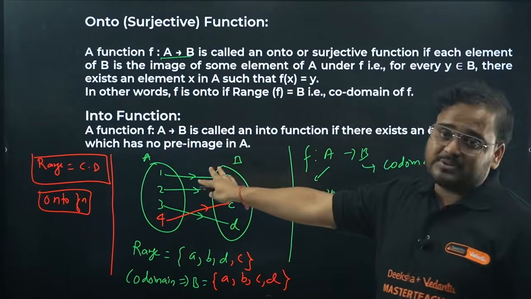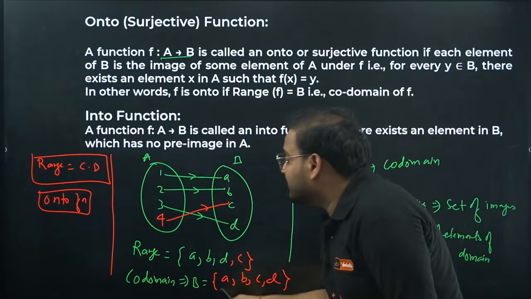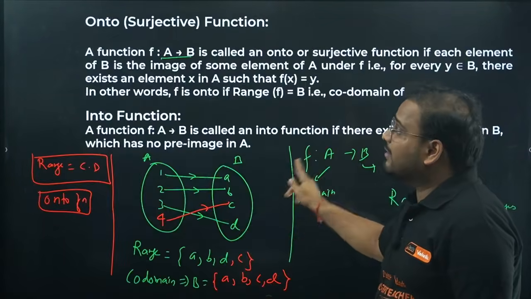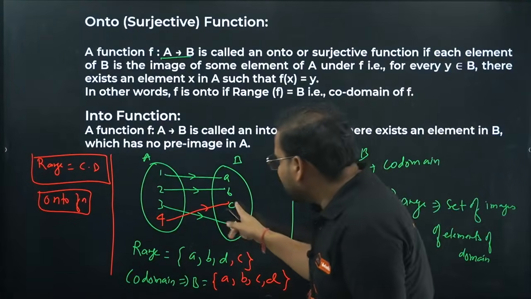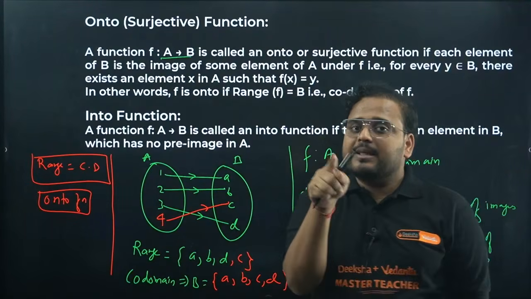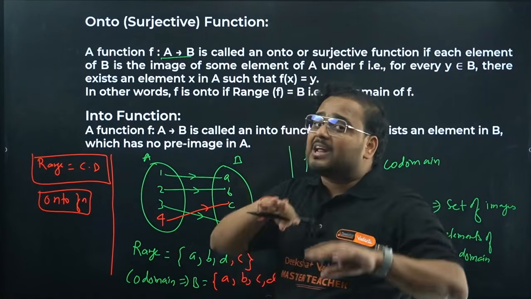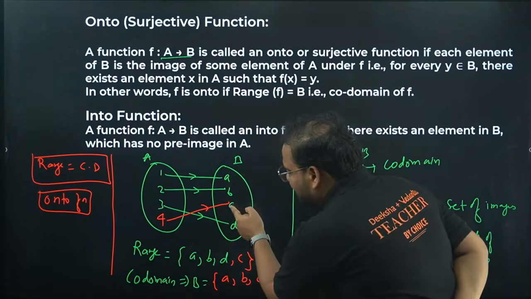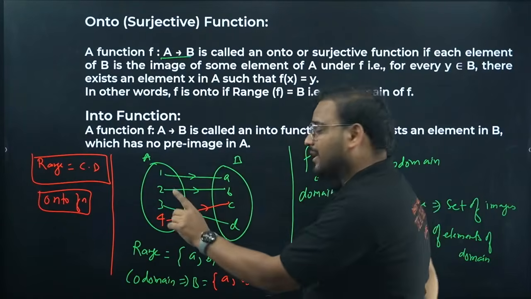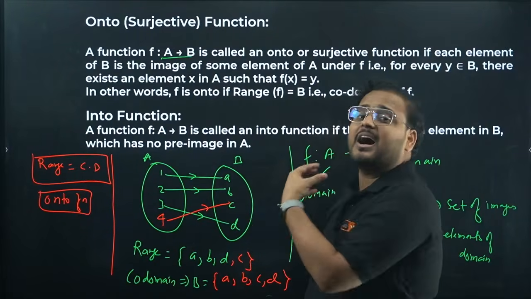Into is just the opposite. Remember the previous case when we had one left out? I had C left out. Even if you have one element missing in the codomain which is not having any mapping, like C was not matched with any element in the domain, C was left out alone.